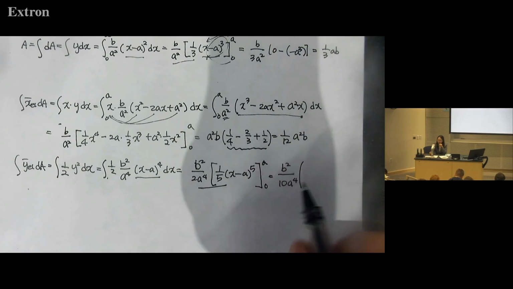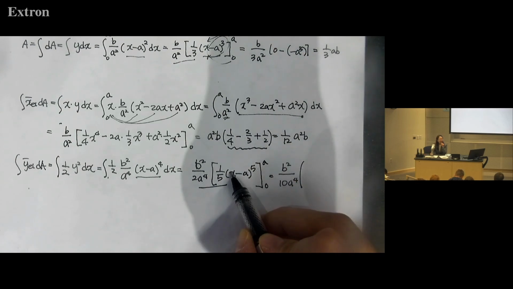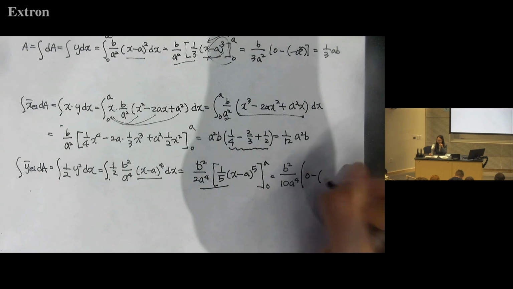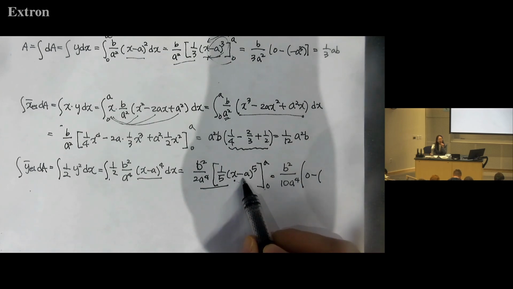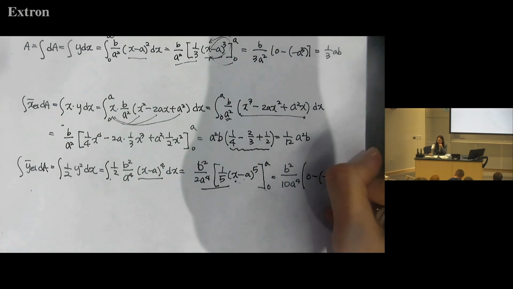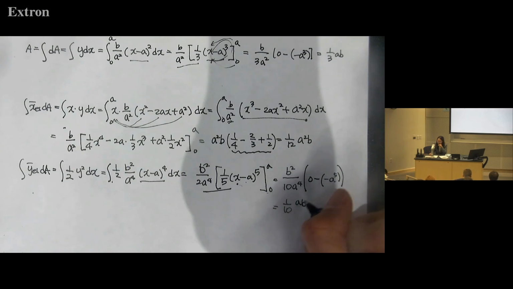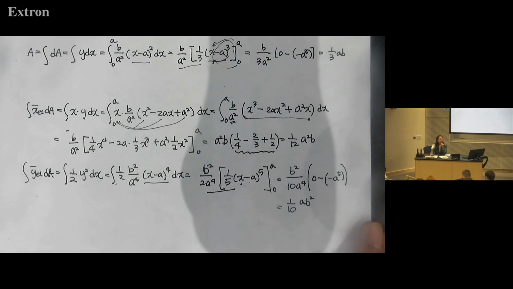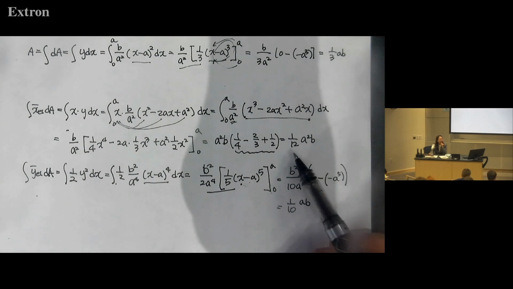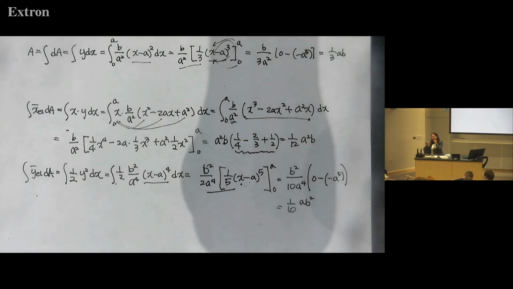And then if we plug in a, it's 0. Plugging in 0, it's minus a to the fifth. So minus minus plus, right? And the final answer is 1 over 10 a b squared, right? So this is this, right? And then is that all?